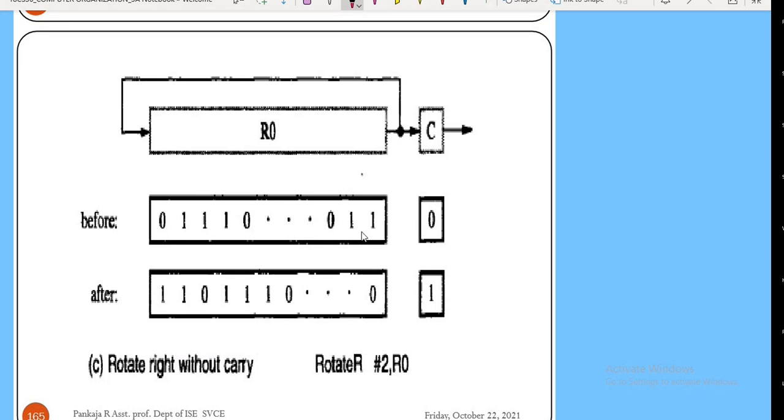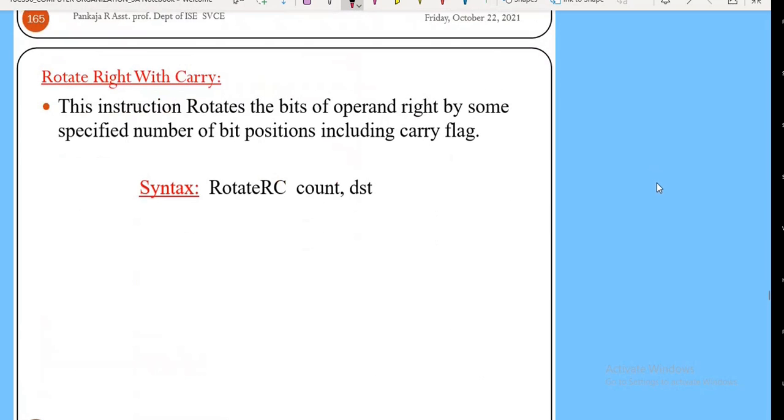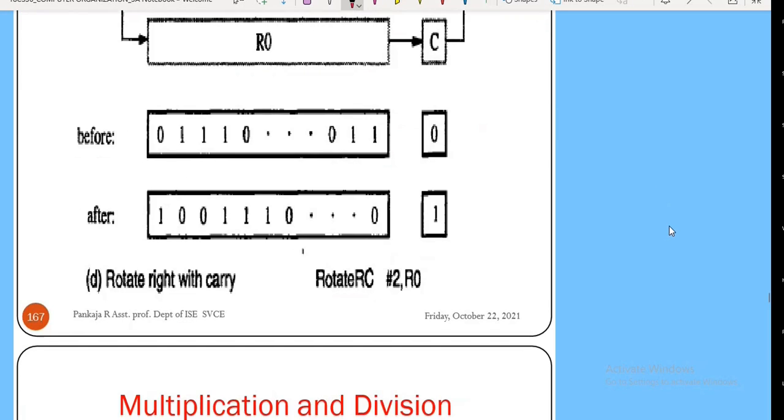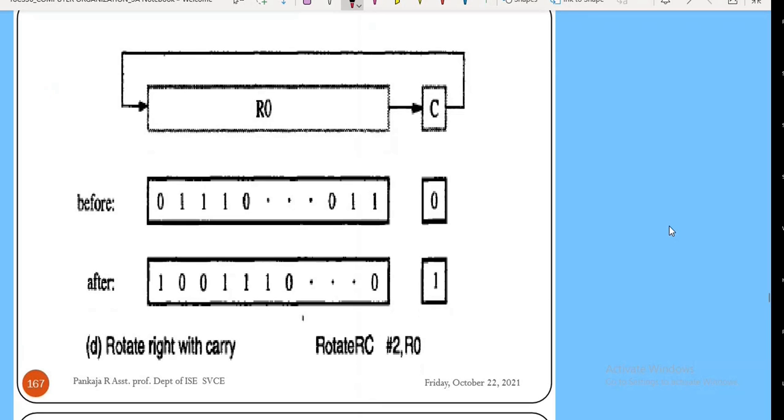Without carry means this 1 1 will be shifted out of the register and added at the end of the register, that is the vacated position. With carry means you are going to consider the carry, rotate RC, right side with carry. So this 1 0 will be rotated. First bit is 0, then second bit is 1, so 0 and 1 will be rotated back.